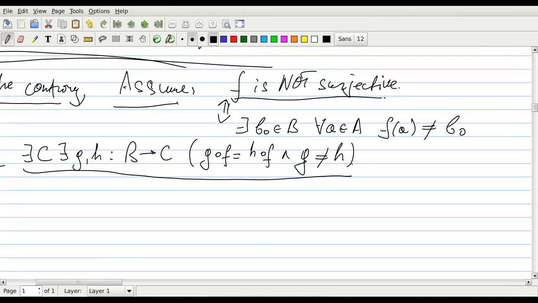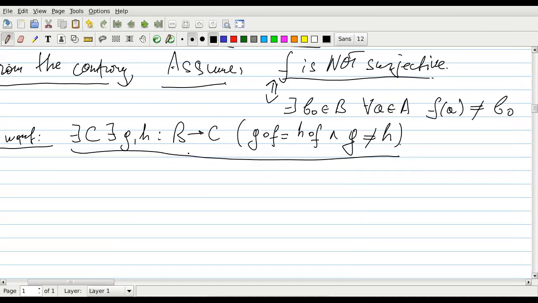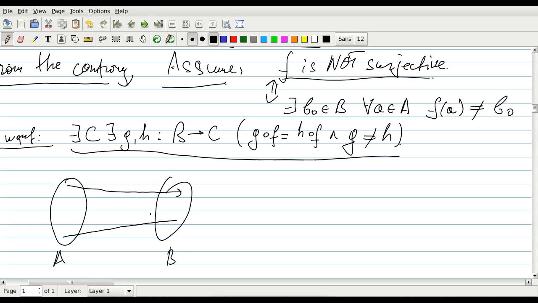Yeah. Okay. So here we need some invention. We have to invent this C and also G and H. We are given that F is not injective, excuse me, not surjective.